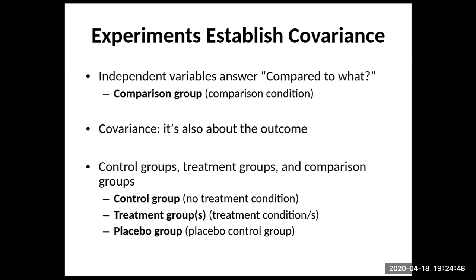A lot of times for a placebo group, what we have is a treatment group that's getting caffeine or an antidepressant or things like that. So in that case, the placebo group would be a drug or a drink or something that doesn't contain the active ingredient.